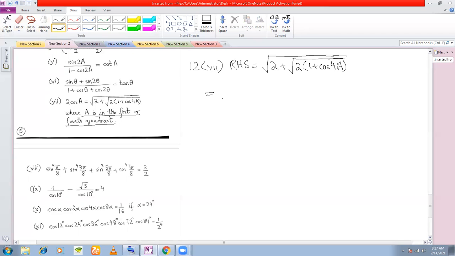Now if you see, you write this 2 plus as it is, and within the second radical, you have twice 1 plus cos 4a, right? Now 1 plus cos 4a according to the multiple angle formula is 2 cos square half of 4a. What is half of 4a? It's 2a, right?